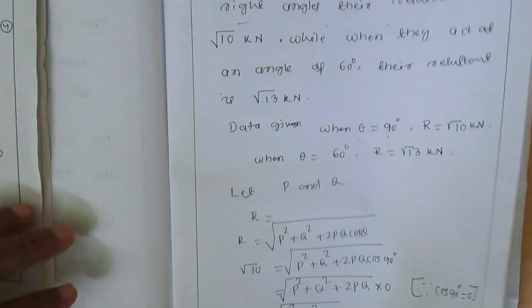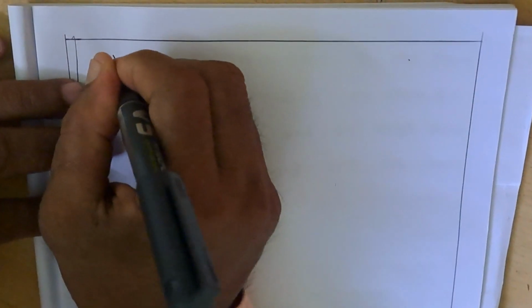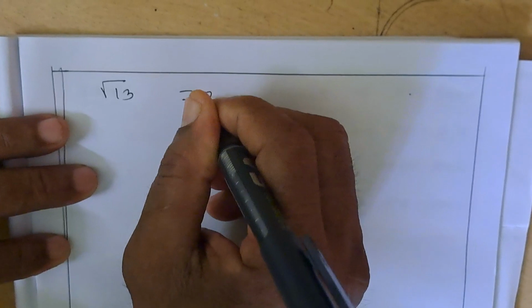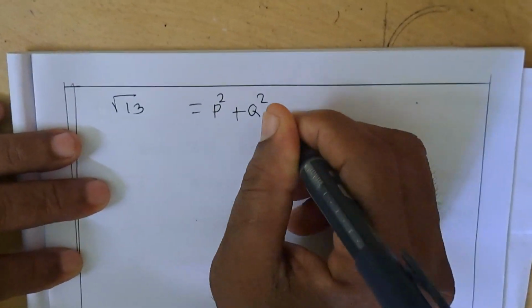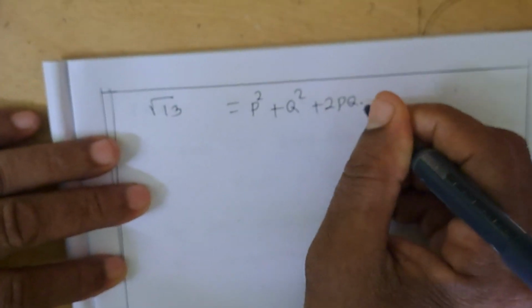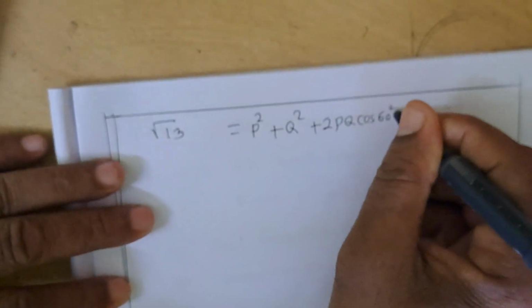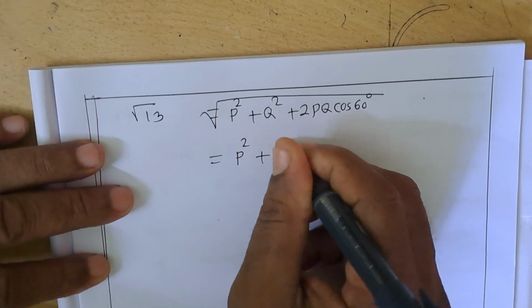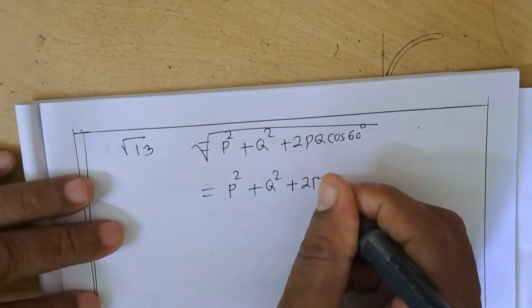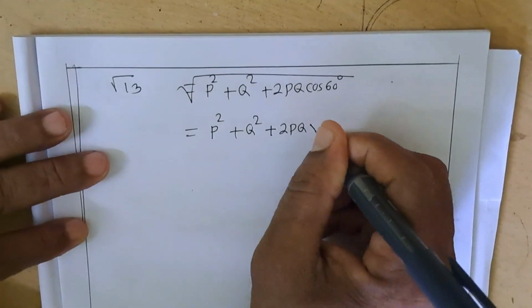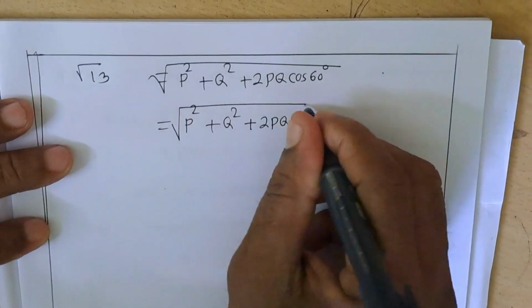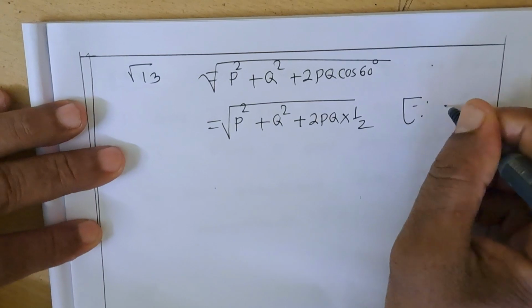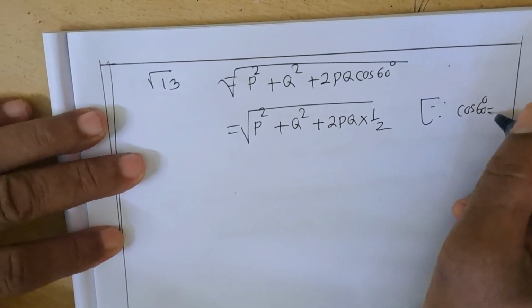Then, putting all the values, we have root over 13 is equal to root over P square plus Q square plus 2PQ cos 60 degree, or root over P square plus Q square plus 2PQ into half, because cos 60 degree is equal to half.